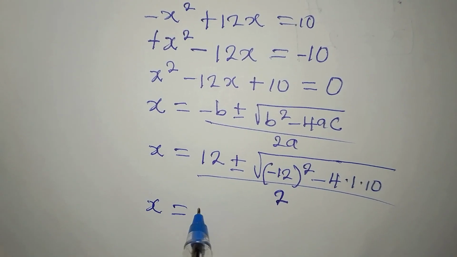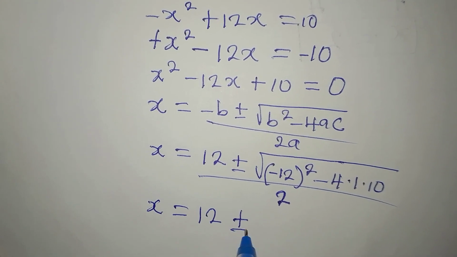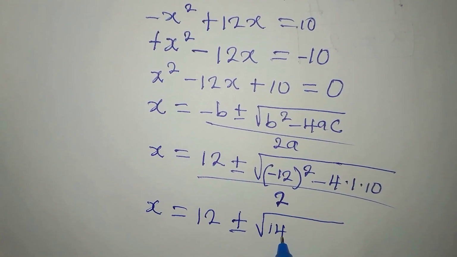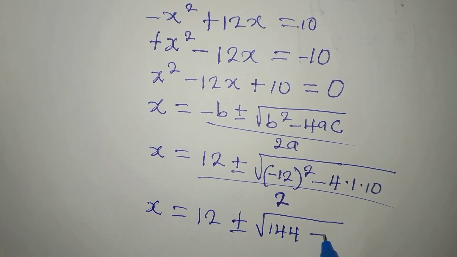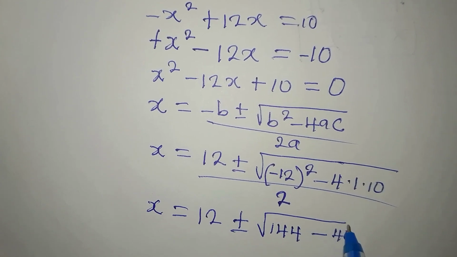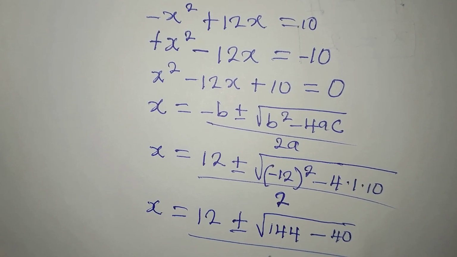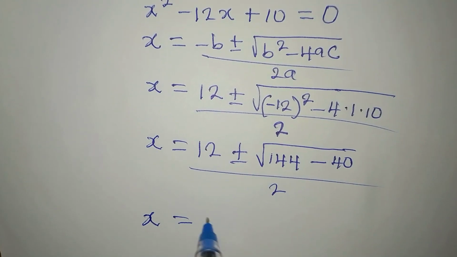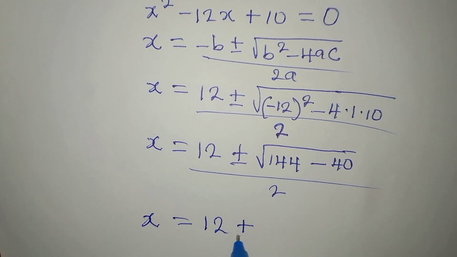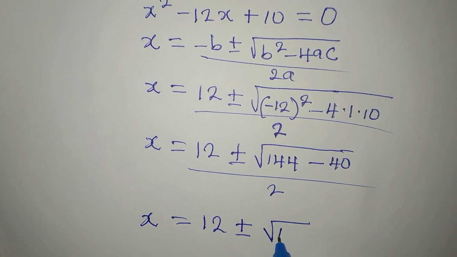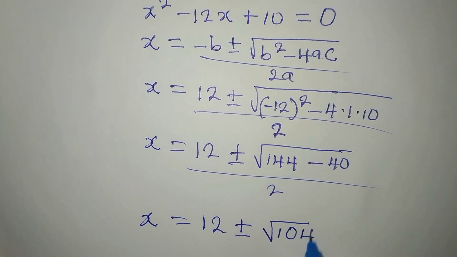Now x is 12 plus or minus square root of minus 12 squared, which is 144. Then minus 4 times 1 times 10 is 40. Then we divide this by 2, so that x is equal to 12 plus or minus, we subtract what we have here, and we shall have 104.